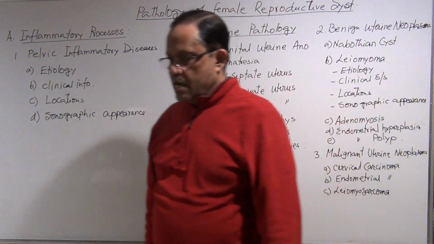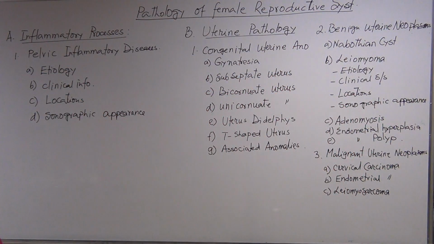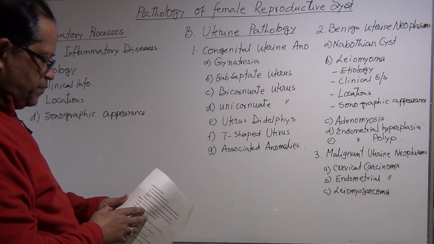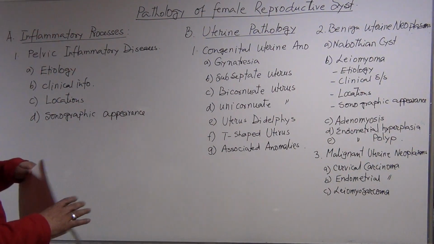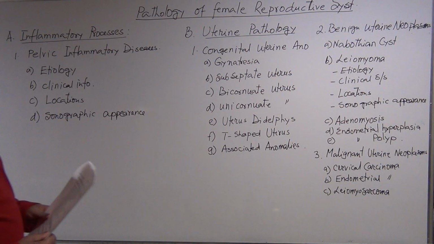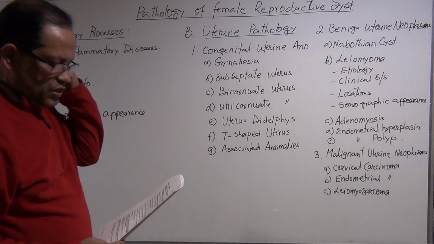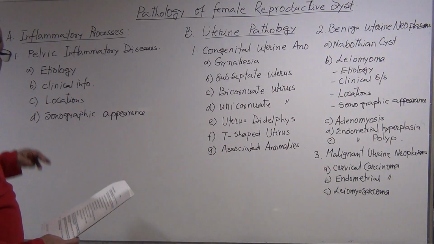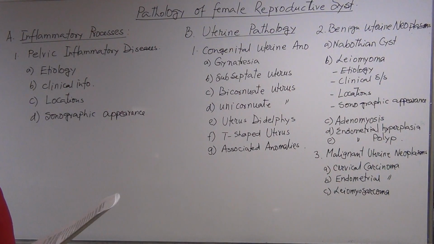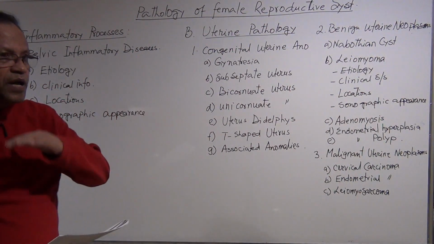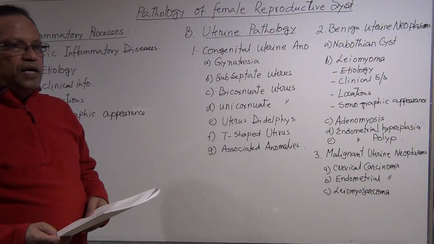So these are the important concepts that we need to understand about the PID, and then we will discuss the sonographic appearance of the PID. So let me read it, and I will explain more with the diagrams. I'm just giving you the preliminary introductory lecture.